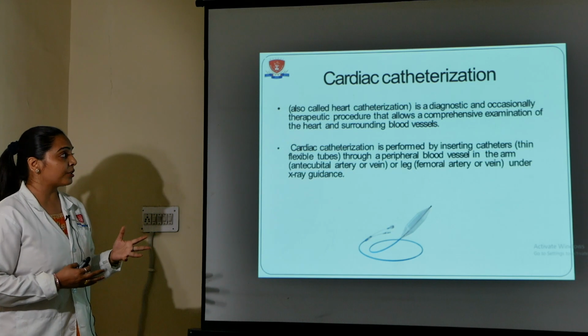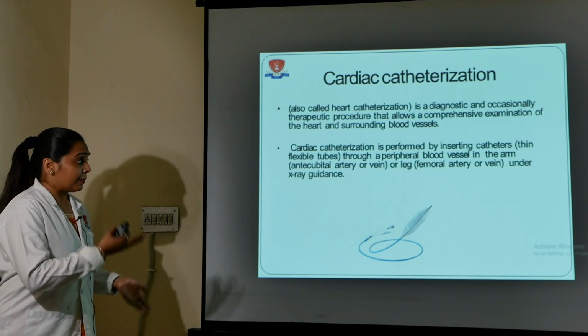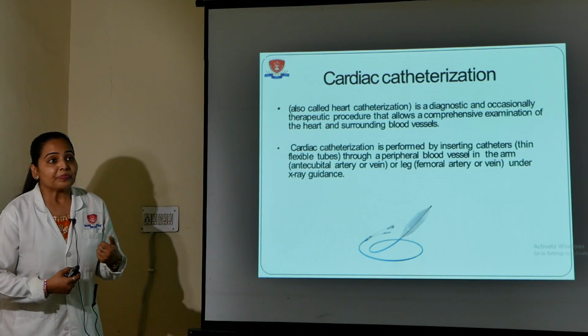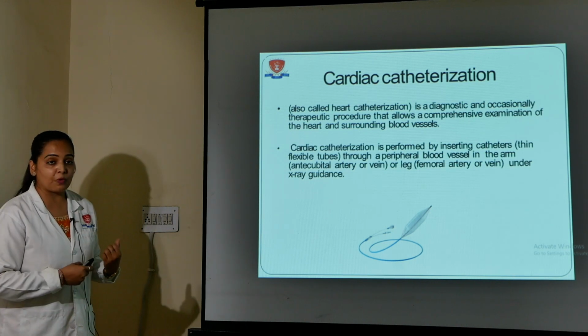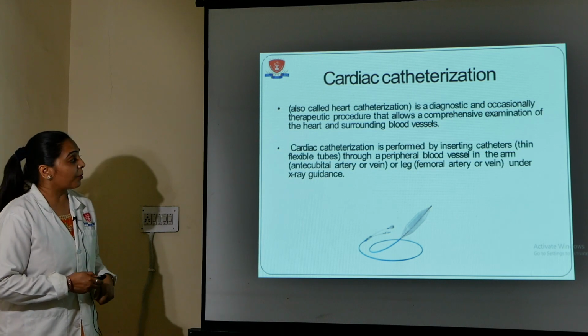In cardiac catheterization, we insert catheters in the peripheral blood vessels, like in the arm the antecubital artery is used for the insertion of the catheters, and likewise in the lower limb the femoral artery is used commonly.